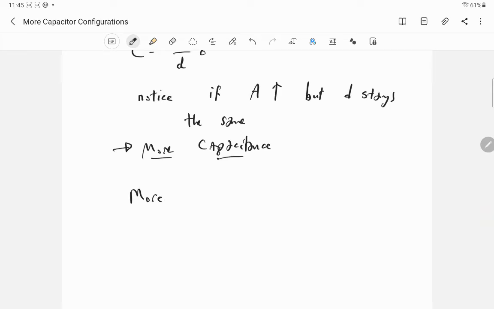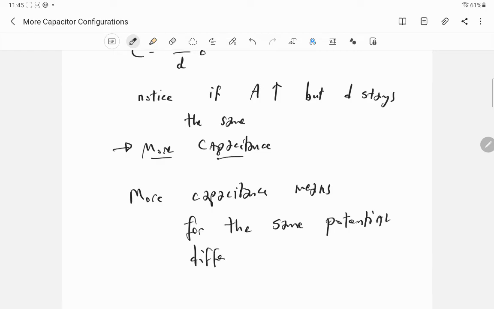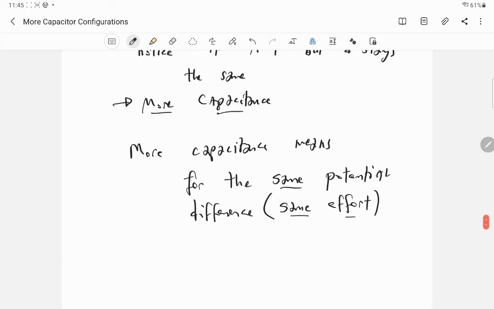More capacitance means for the same potential difference, so you might think of this as the same effort, for the same effort, you can separate more charge.